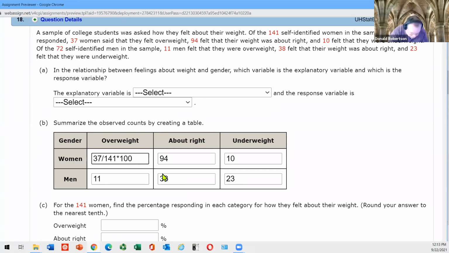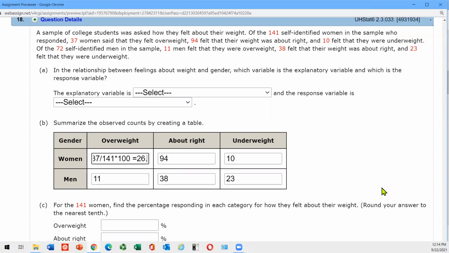Now I just put that in just so you can see what my calculation is if you want to go back and look at that. I got my calculator here and I'll tell you what I've got. 37 divided by 141, and the answer is about 26%. I'm doing it to the nearest whole number. Well, okay, let's be more accurate. 26.3%.